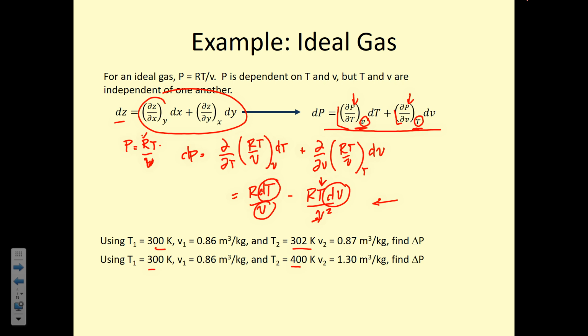Let's look at the first case where T1 is 300 Kelvin, T2 is 302 Kelvin, V1 is 0.86, and V2 is 0.87 meters cubed per kilogram.